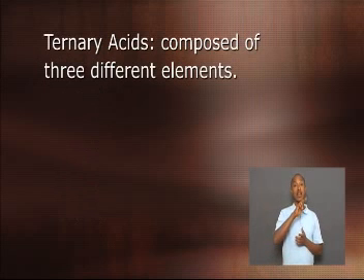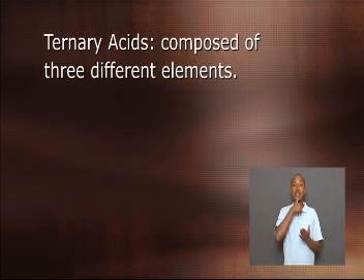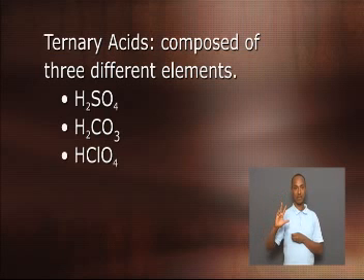Ternary acids, which are also referred to as oxyacids, are composed of three different elements. These acids often contain hydrogen, oxygen, and a non-metal. Some examples include sulfuric acid, carbonic acid, perchloric acid, and phosphoric acid.